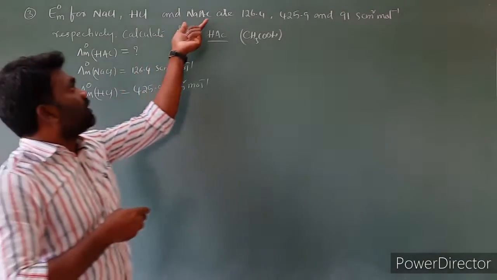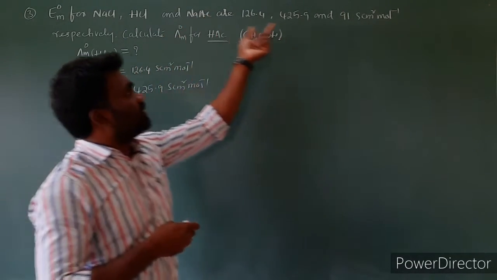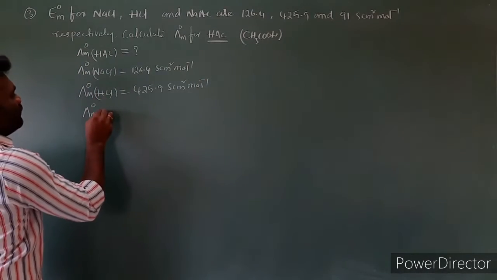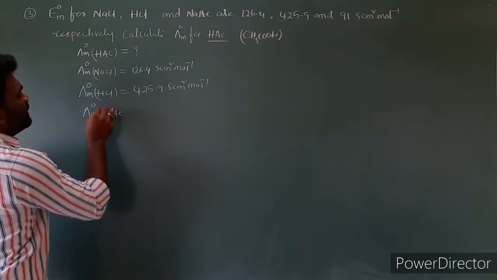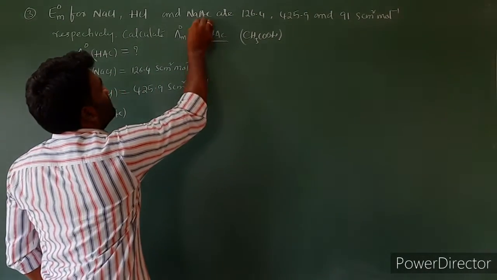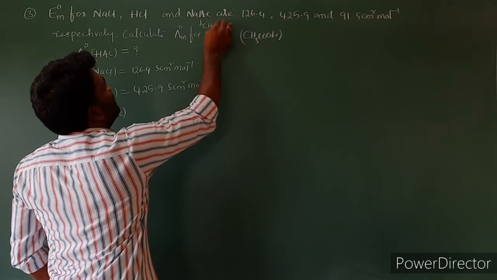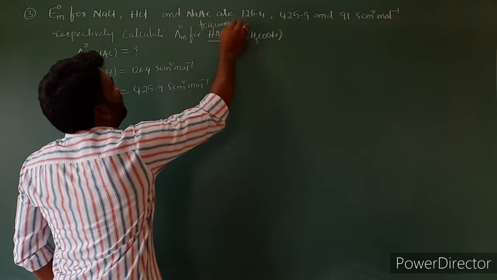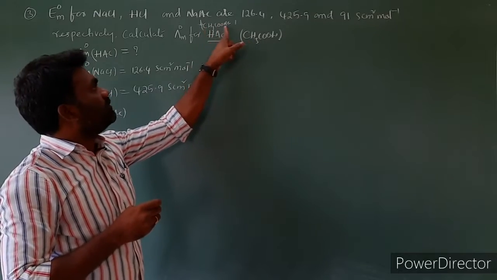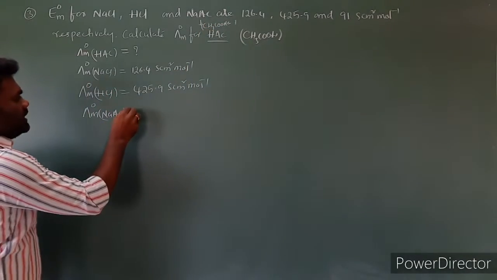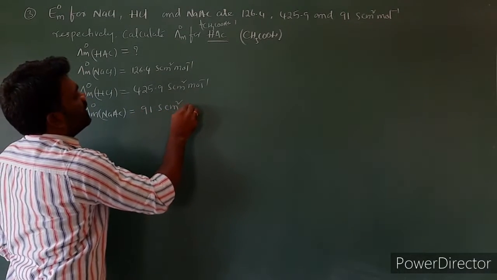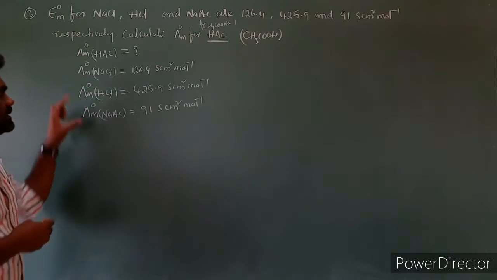And next, lambda m naught value of NaAc is given, 91 Siemens centimeter square mole inverse. NaAc is nothing but CH3COONa. Like acetic acid, HAc meaning acetic acid, remove this hydrogen and you place Na. So CH3COONa, NaAc, its value is given as 91 Siemens centimeter square mole inverse. So this is the data given to us.